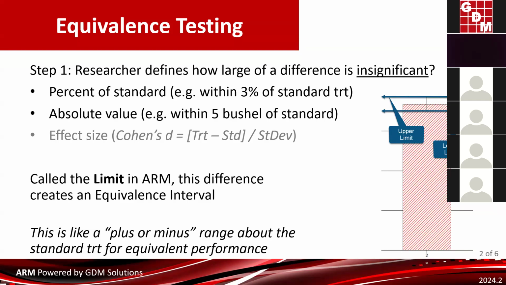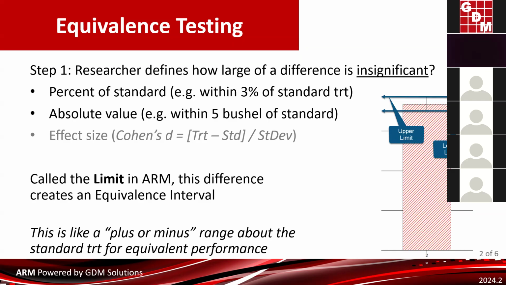Or maybe there's an absolute value that would define our range. If we just need to be within 5 bushels of that other treatment, that would be a small enough difference in yield for us to feel good about claiming equivalence, right?